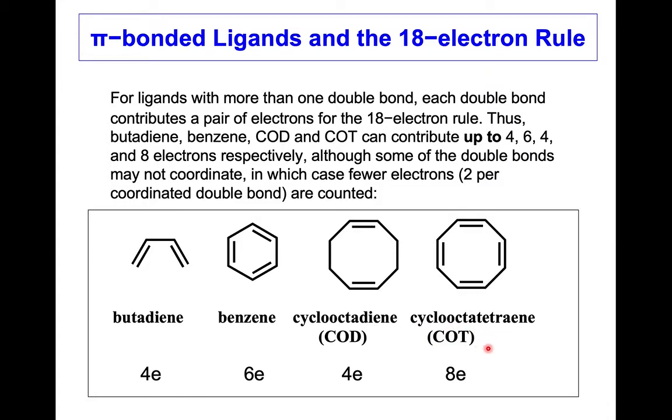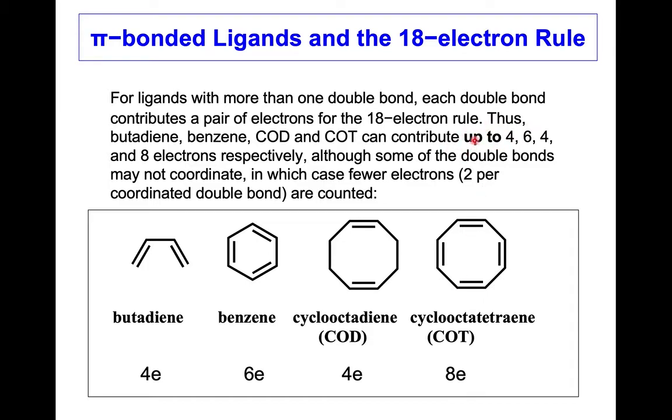And then finally, cyclooctatetraene, which has 1, 2, 3, 4 pi bonds that it can donate, so it can donate up to 8 electrons. So up to 4 electrons for butadiene, up to 6 for benzene, up to 4 for cyclooctadiene, and up to 8 for cyclooctatetraene.